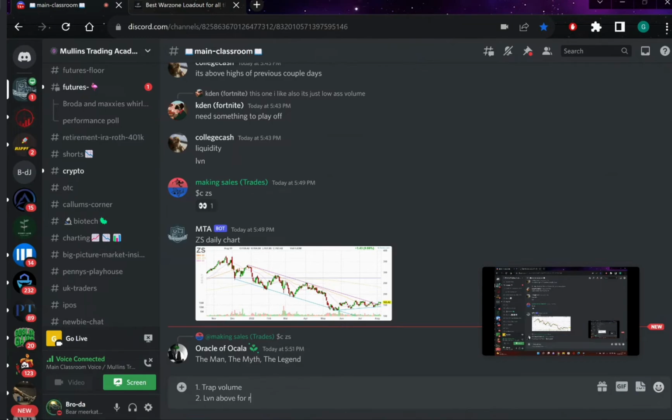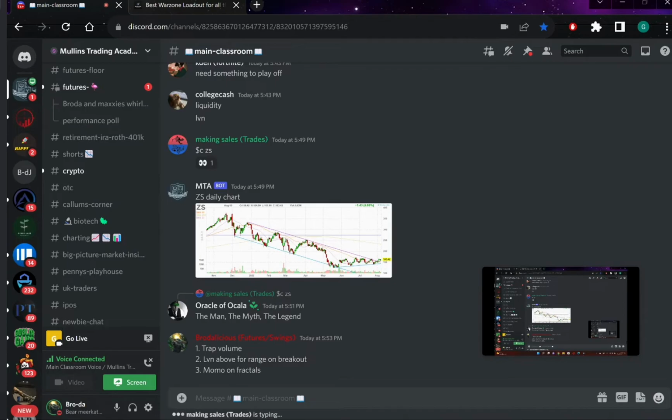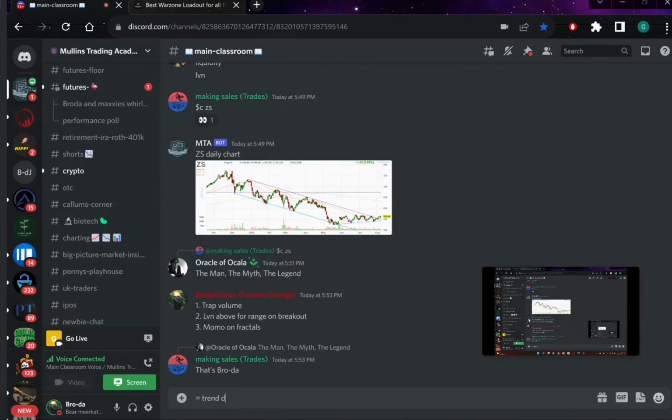We want a low volume node above it to give us the range to break out. We want more echoes, and that will give us our speed. That's when we get trendy.